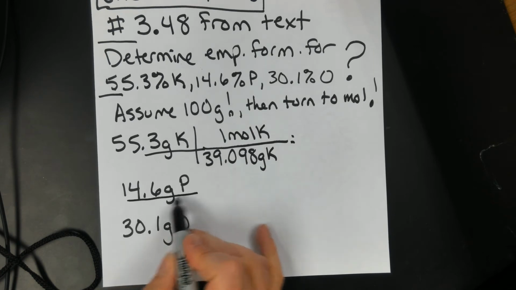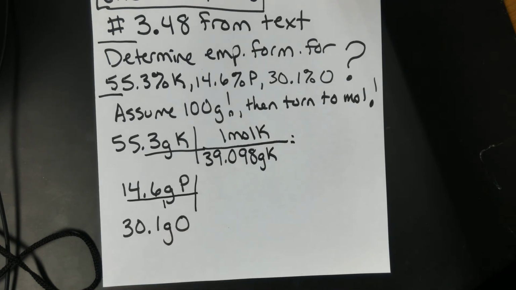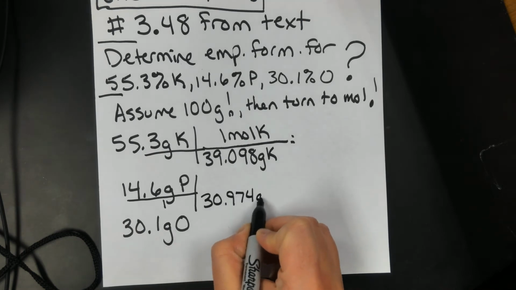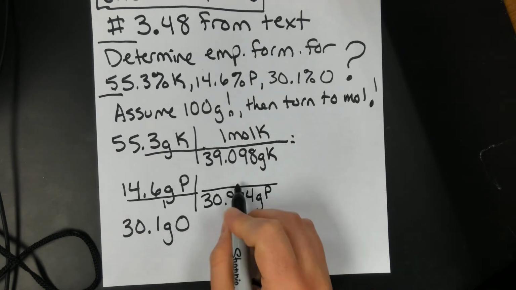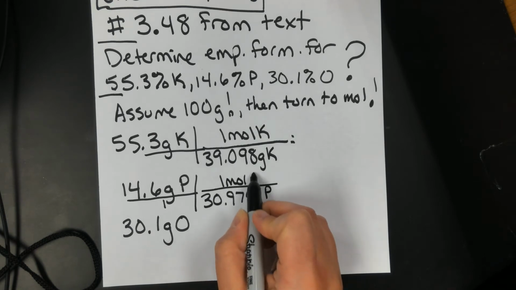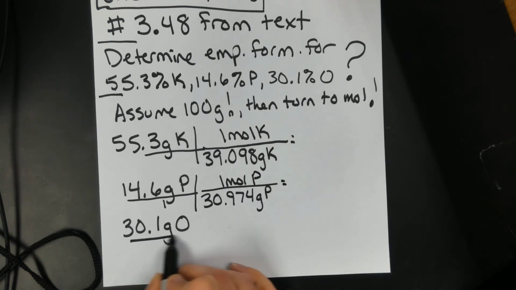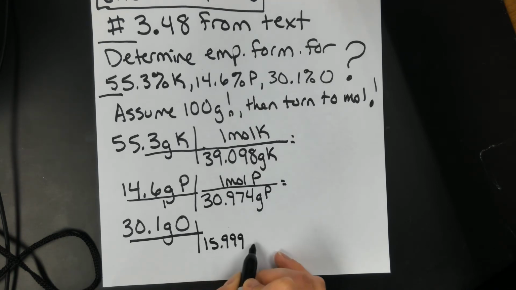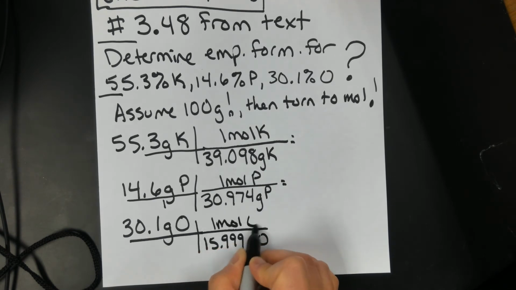Phosphorus has a molar mass of 30.974, so 30.974 grams of phosphorus for every 1 mole of phosphorus. And for oxygen, we all know it's 15.999 grams of oxygen for every 1 mole of oxygen.